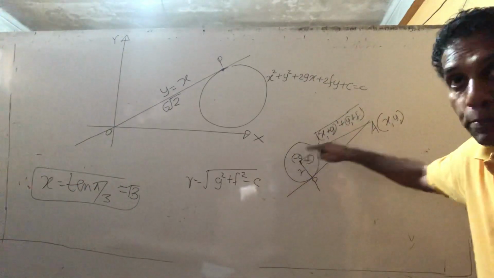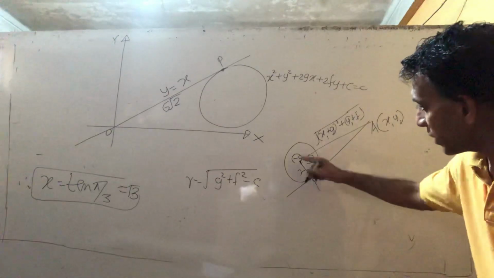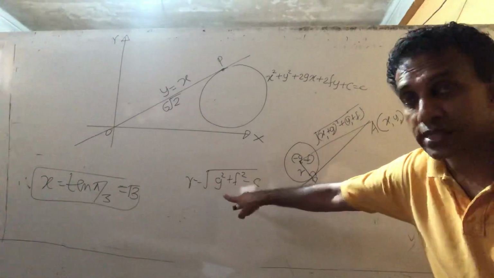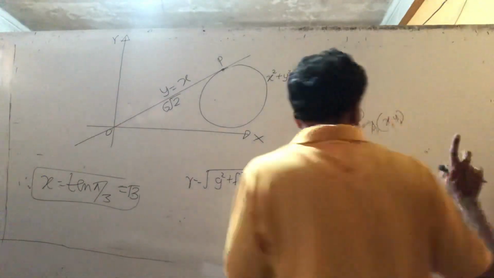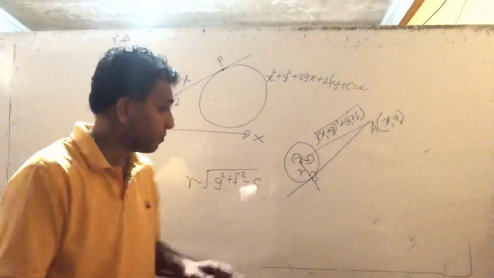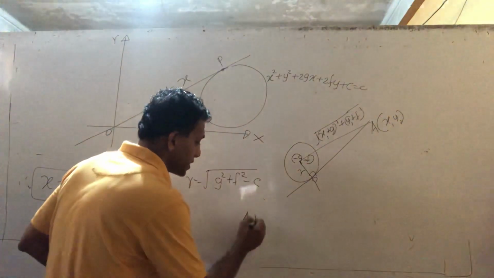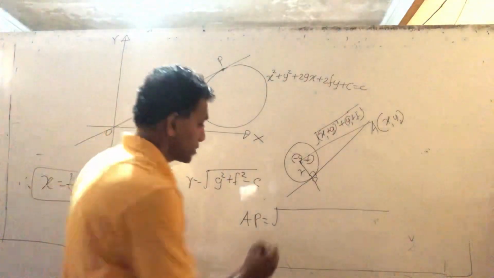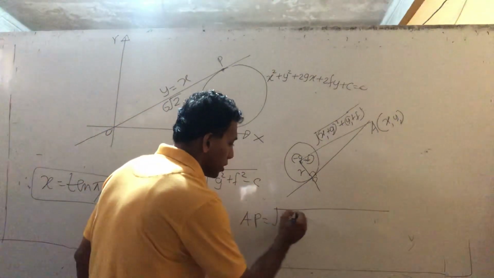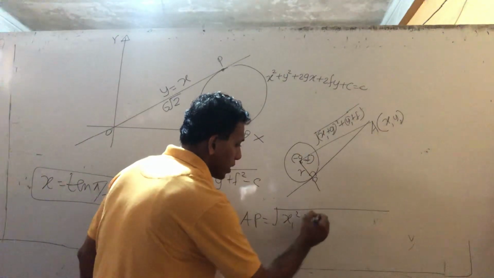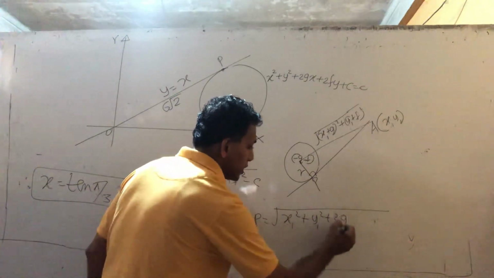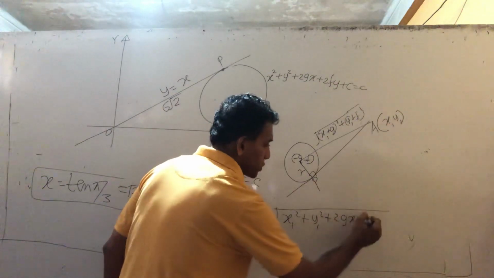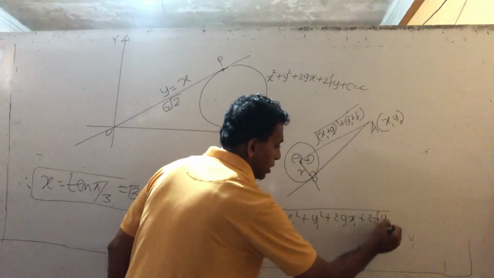So you know the hypotenuse of the right angle triangle and the radius. If I apply the Pythagoras theorem, you can find the tangent AP. It becomes x1 square plus y1 square plus 2gx1 plus 2fy1 plus c.